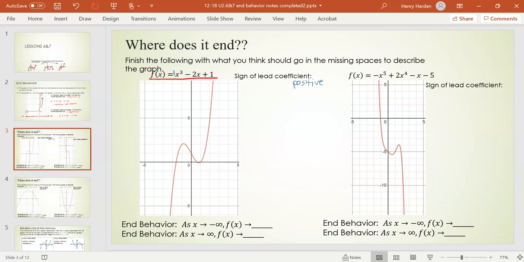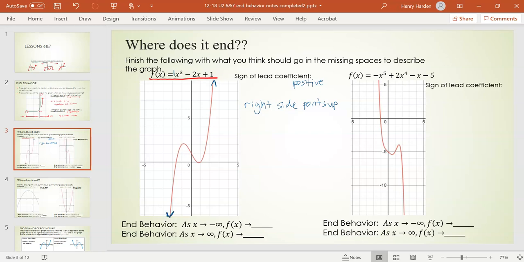And so once we have the sign of our leading coefficient, that lets us know what the right side of the graph is going to be doing. So when the leading coefficient is positive, the right side points up. So if I look here, that side's pointing up, this side's pointing down.